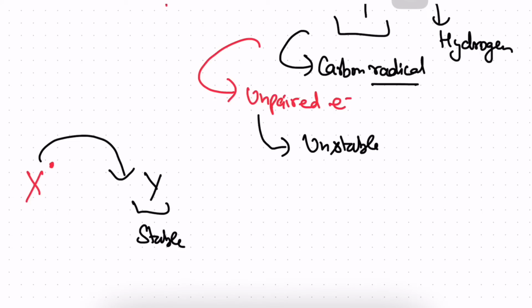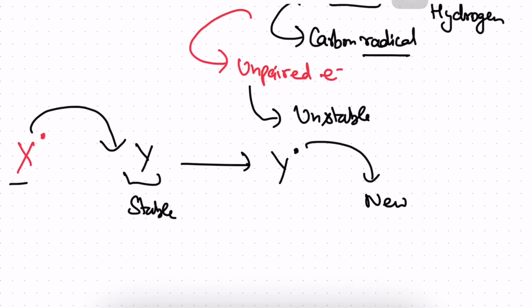Now this radical donates an electron to Y. Now Y will become unstable by accepting the electron. Now Y will donate this electron to nu. This way it can happen, and there might be a chance the electron is passed to oxygen, and there is formation of oxygen free radical.